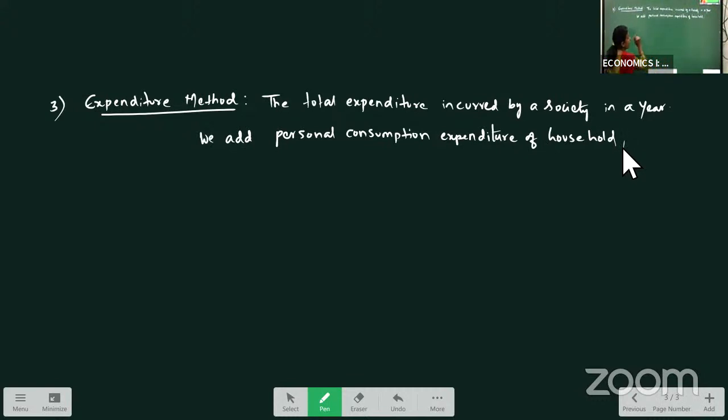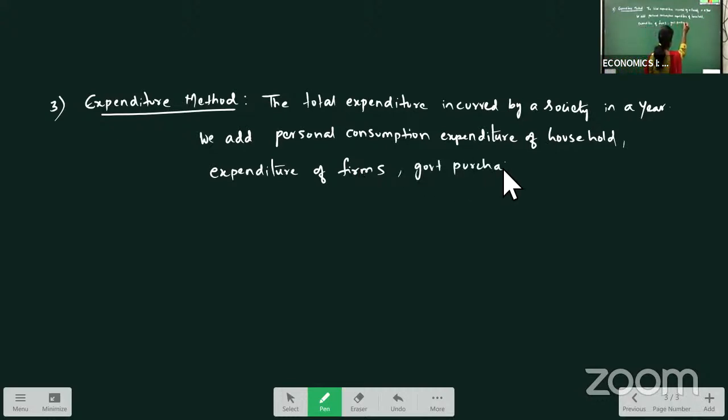Personal consumption expenditure of household, then expenditure of firms, means in the country, firms also incur certain expenditure, and government purchasing of goods and services, and net exports.